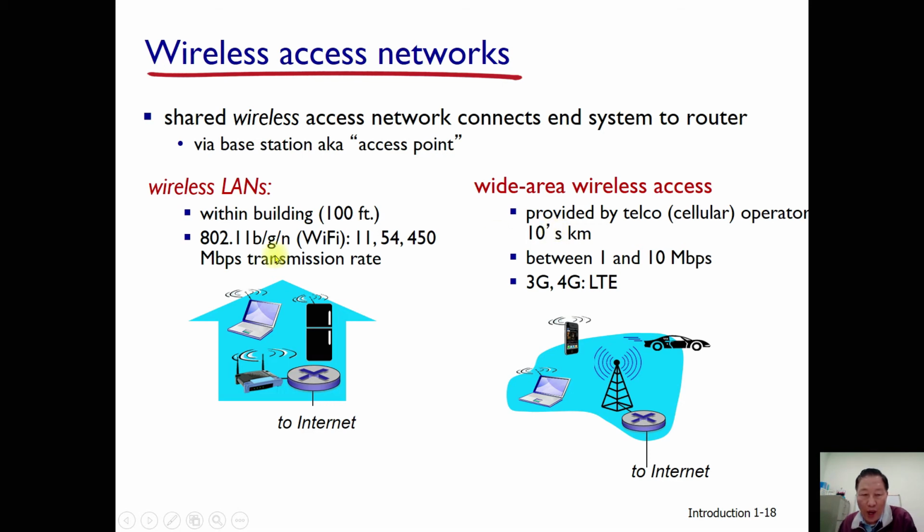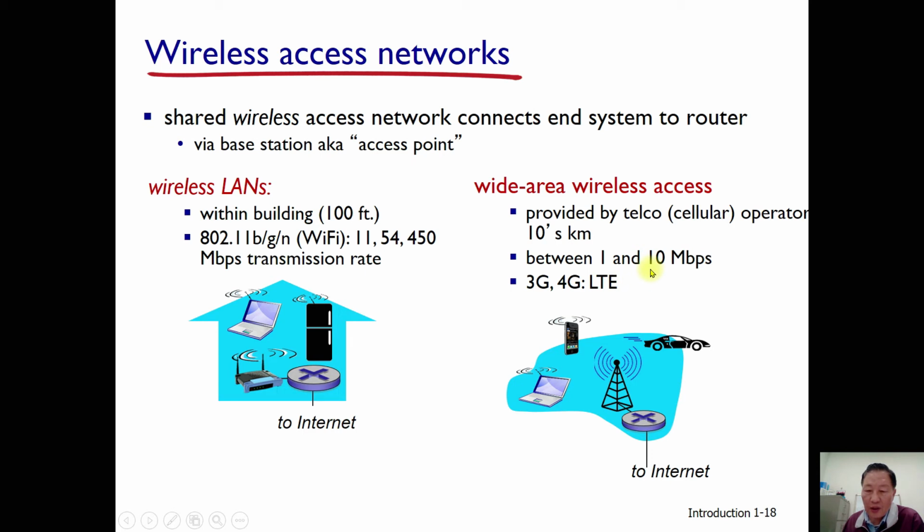Think about your smartphone, that is using Wi-Fi, also WAN, wide area network technology, that is CDMA or fourth generation or fifth generation LTE, long-term evolution, WAN technology, mobile technology, and that is still being evolved.